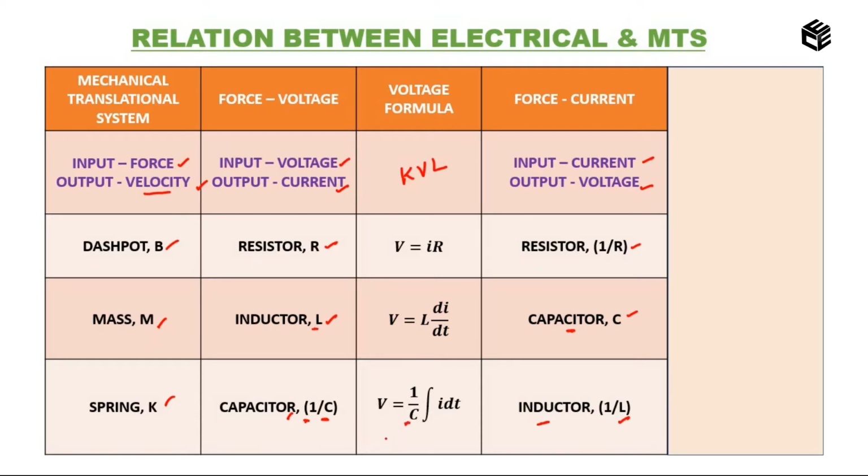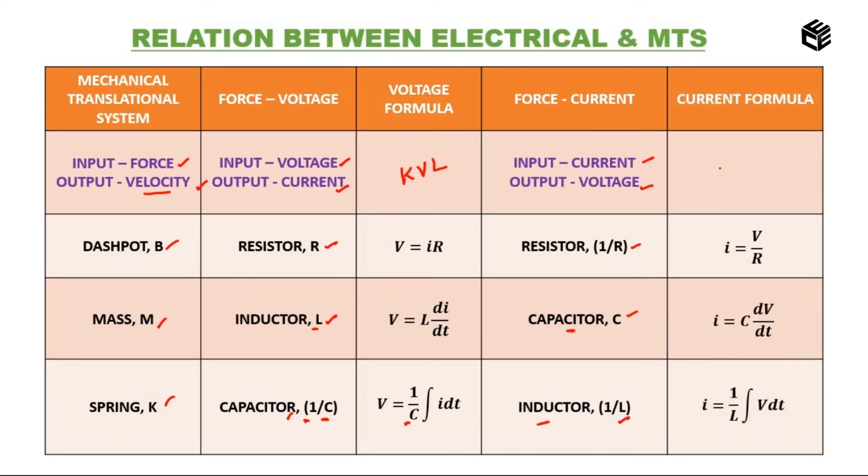Similarly, for force current, we will be using Kirchhoff's current law. So we will write the current formula for the electrical components. The current formula for resistor is I = V/R. For capacitor, I = C dV/dt.